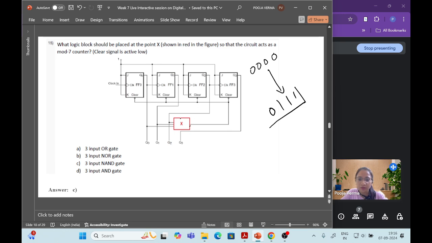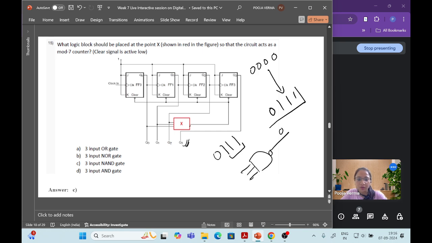So whatever circuit here we are using, that means after 0 1 1 1 it must be 0. So Q3 remains the last one. So we need to choose any of the gate that has 3 inputs, that will produce output 0.